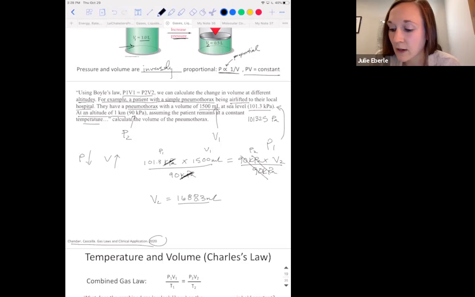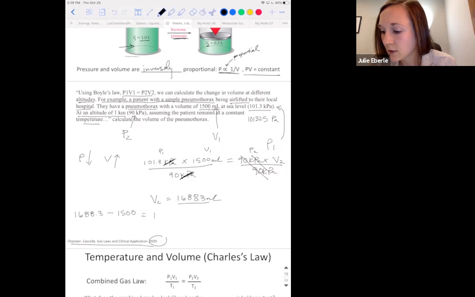So it increased. Let's find how much it increased, and we can do that by looking at the difference between those two numbers. The difference between those two numbers is 188.3 milliliters. That's how much it increased by. And then how do we determine a percent?